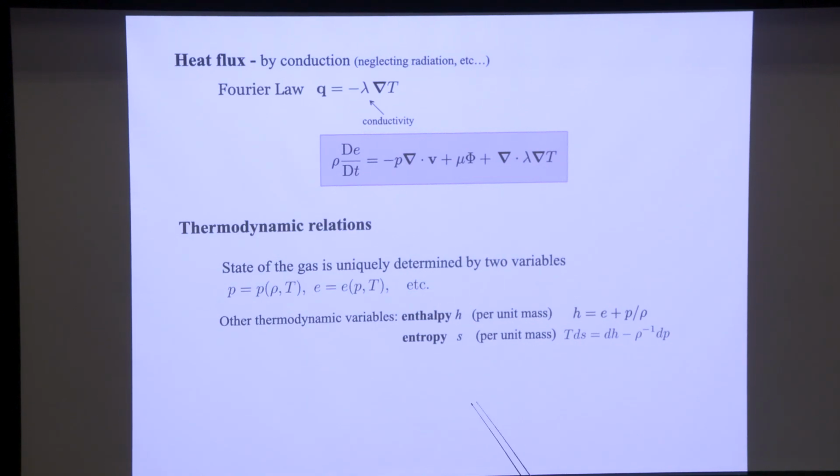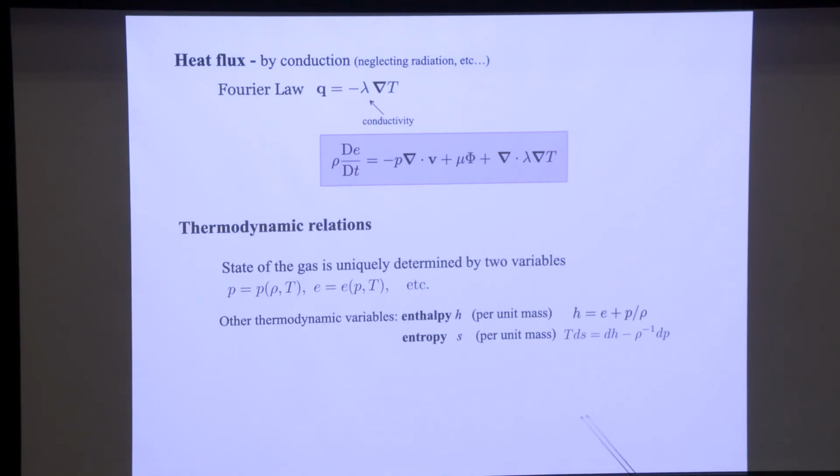Also, there are some other thermodynamic variables that are usually of interest in writing the equation. One of them is the enthalpy, and the enthalpy is defined as the internal energy plus P over rho.